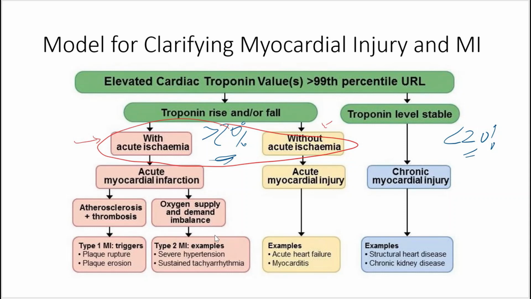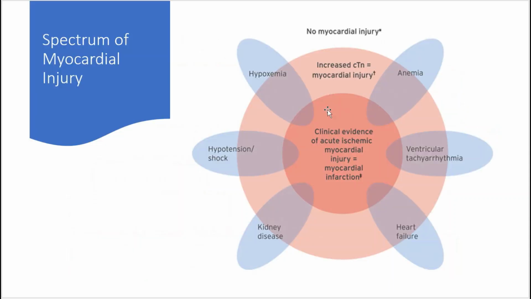This can be caused by other clinical presentations such as hypertensive emergency or sepsis or severe anemia, etc., which includes all the entities that were shown in the previous slide. Here, hypoxemia, hypotension, kidney disease, heart failure, ventricular tachycardia, anemia.